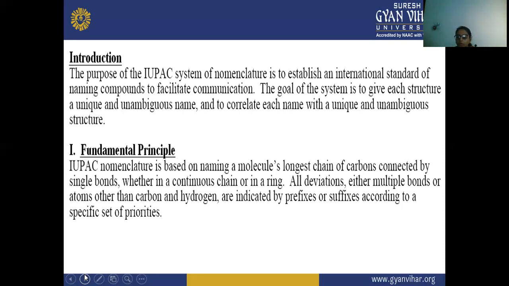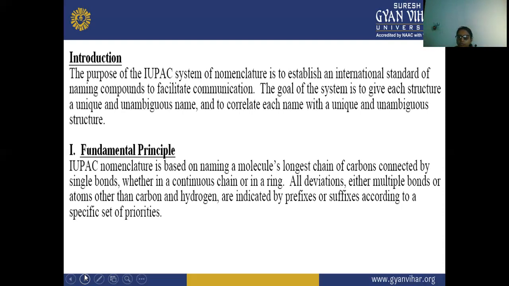That the name of this compound is related to this structure, and there should be no case of one structure having two names, because we are developing that system so that each structure has a unique and unambiguous name.